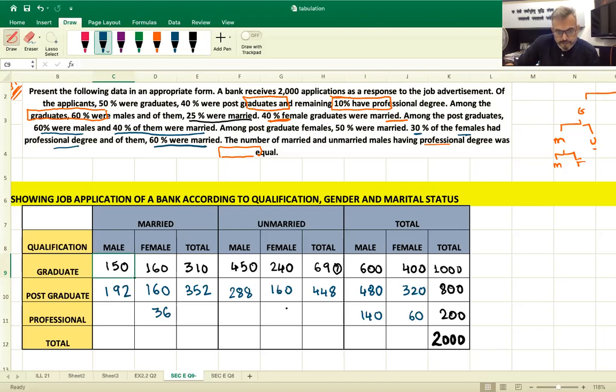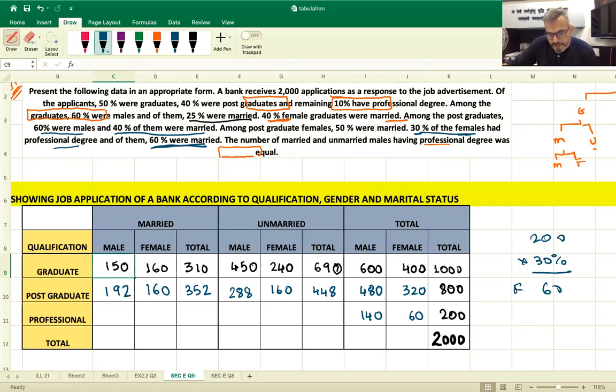A student asks: Sir, please explain the 30% part once again. Okay. See, 30% of females had professional degree. So there are 200 professional degree holders. 30% of them comes to 60 females. Now of these 60 females, 60% are married.